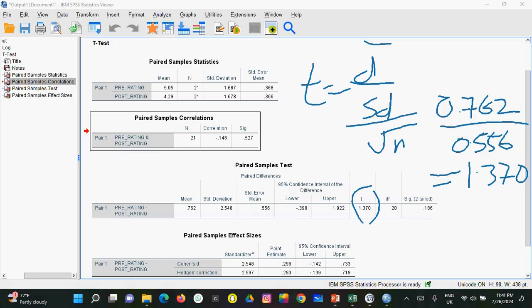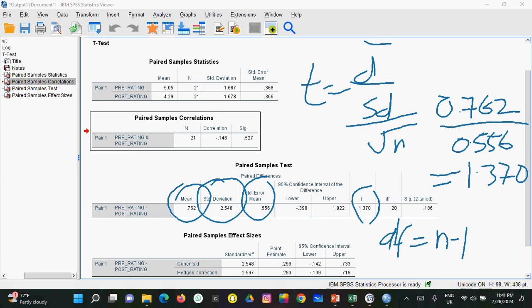Right? Degree of freedom is equal to N minus 1. And then standard error we've computed, standard deviation we've computed, but for two tail we will hardly be told to compute for standard deviation. Mean here has been computed.